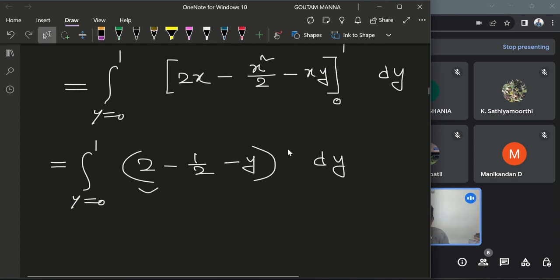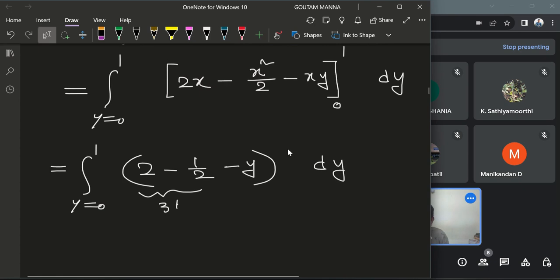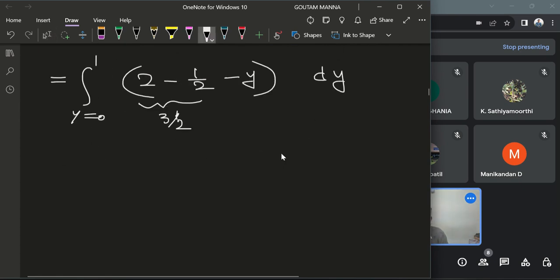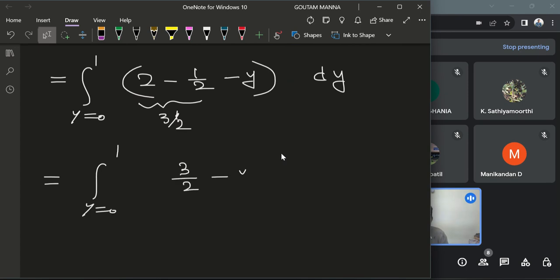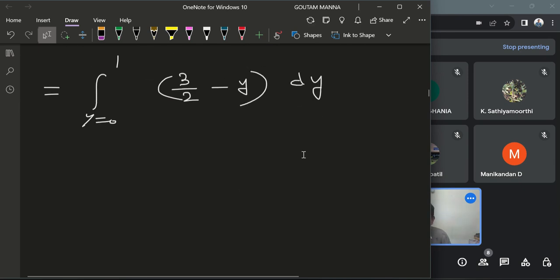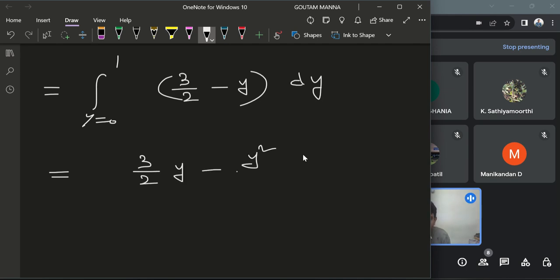Now these two terms will give 3 by 2. So y from 0 to 1, (3 by 2 minus y) dy. And now if I do the y integration, it will be 3 by 2 y minus y squared by 2, and the integration limit is from 0 to 1.